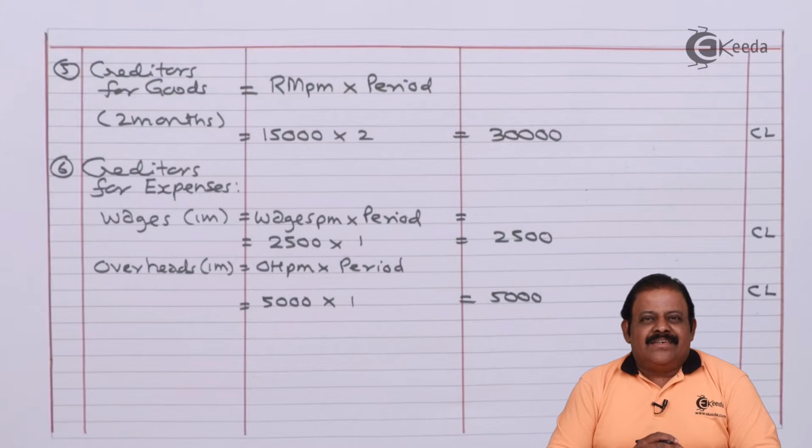We have calculated required amount of current asset and current liabilities. Let us prepare now statement of net working capital.